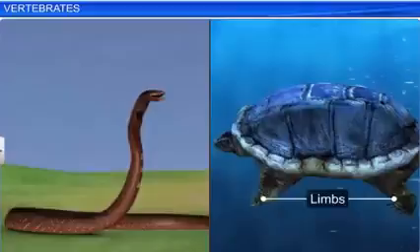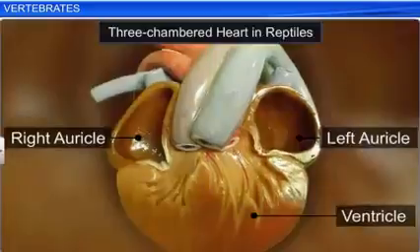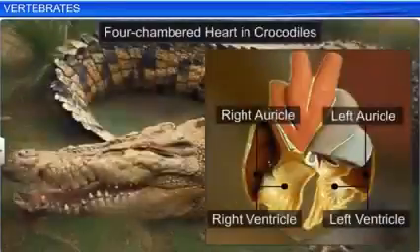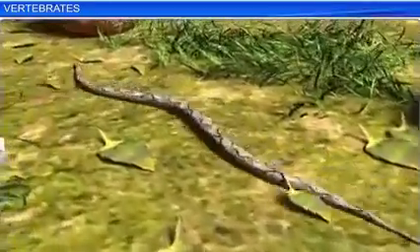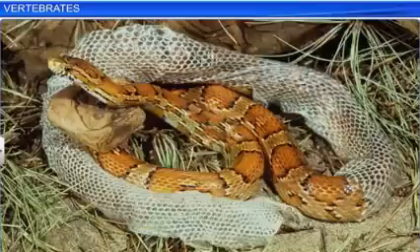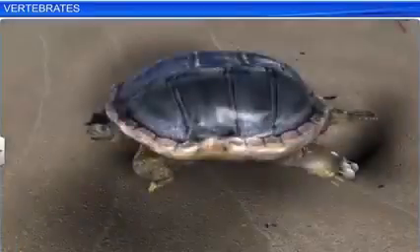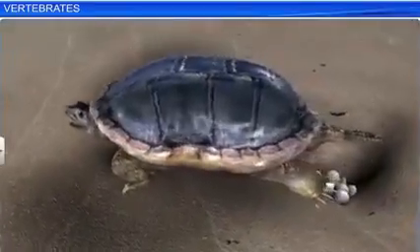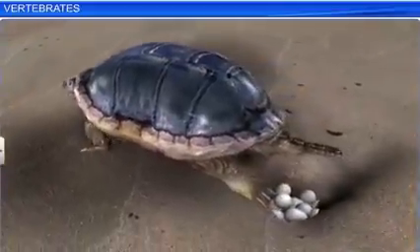Reptiles are cold-blooded and usually have a 3-chambered heart. However, crocodiles have a 4-chambered heart. Some reptiles, such as snakes and lizards, shed their skin. In reptiles, the sexes are separate and fertilization is internal.